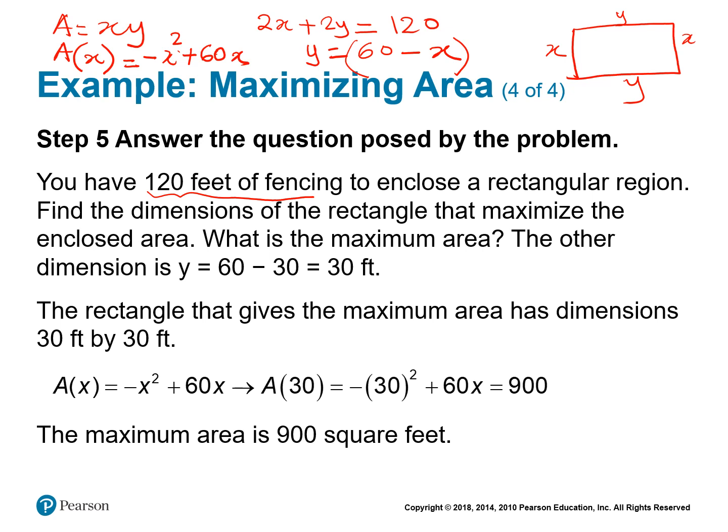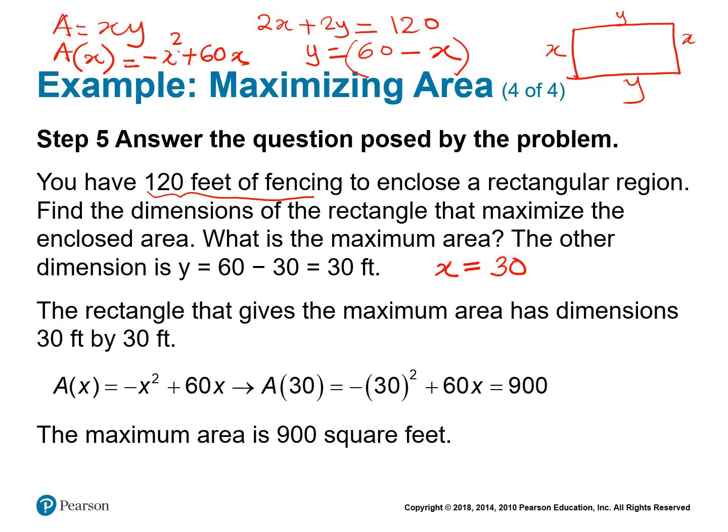All right, so we know in the previous slide we found through finding minus b over 2a that the x coordinate where the area is the maximum is x equals 30, correct?